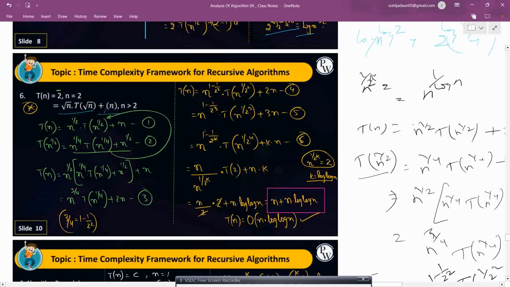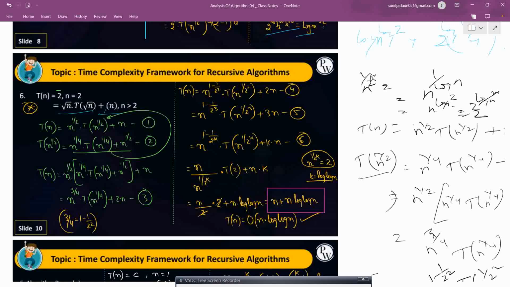Right? What could it become then? It will become n log 2 base n, right? It would become 2 log n and it will become 2 only, right? So this is how it will become 2.